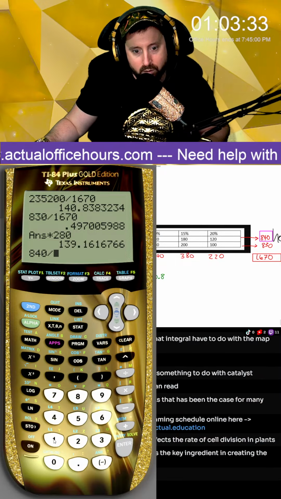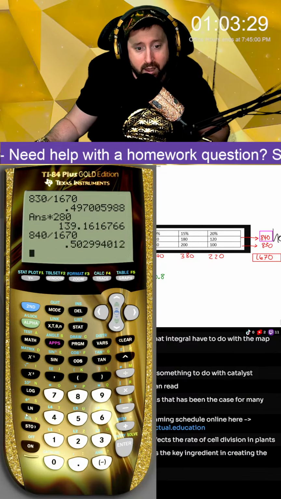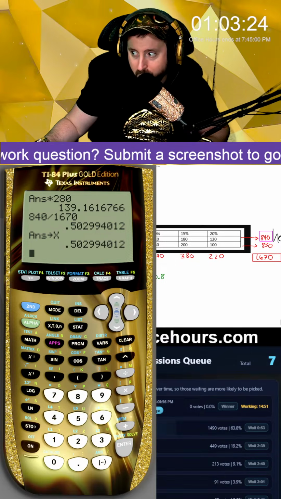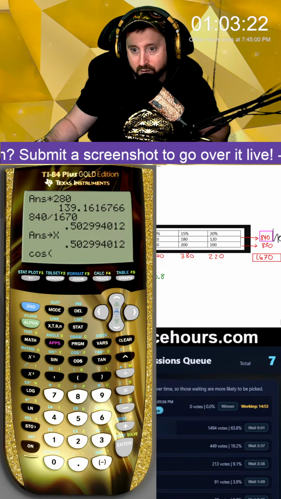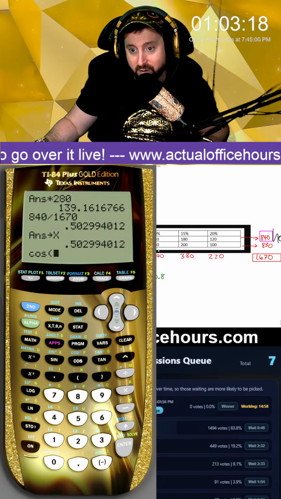Okay. So what I'm going to do in my calculator is take this 840 divided by 1670, which is basically a half, and store that as a variable x. And then I'm just going to go through and multiply all of these things by that value x. And then I'm going to multiply them all by 1 minus x to get these.